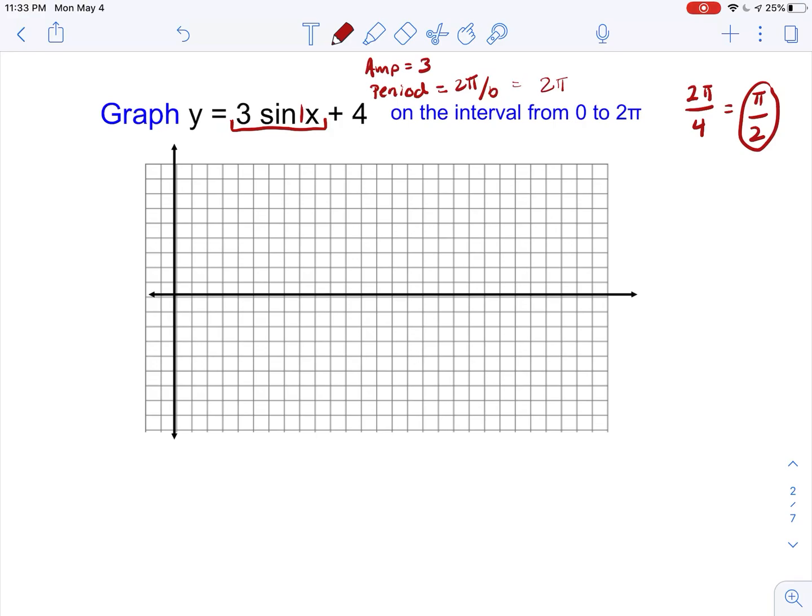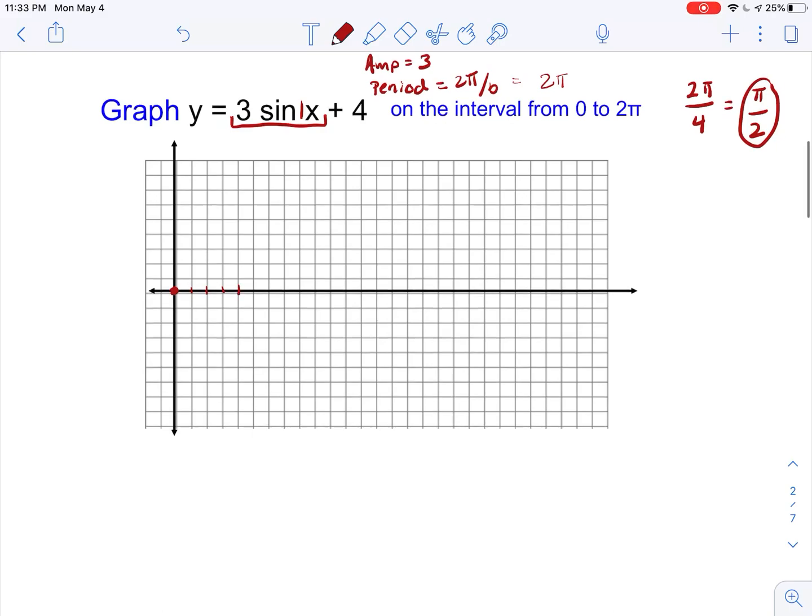So now how does this plus 4 change any of this? Well, it's going to take every point of this 3 sine of x and shift it up 4. Okay, so let's start with a quick sketch of 3 sine x, and then we will shift it up.